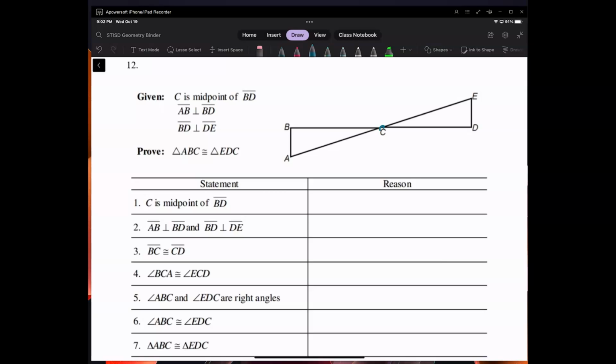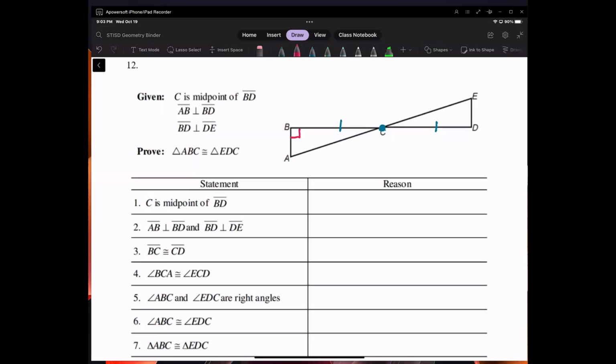What's given to us? C is the midpoint of segment BD. So that's the midpoint. Then the distance from B to C is the same distance from C to D, by definition of midpoint. That upside down T means that segment AB is perpendicular to BD. That means that it will be a 90-degree angle.